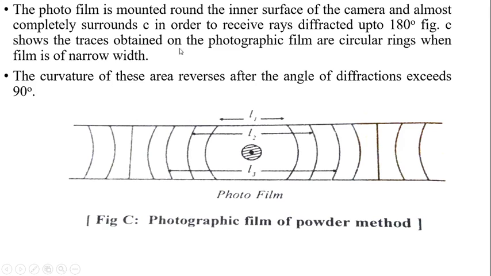The trace obtained on the photographic film shows circular rings when the film is of narrow width.